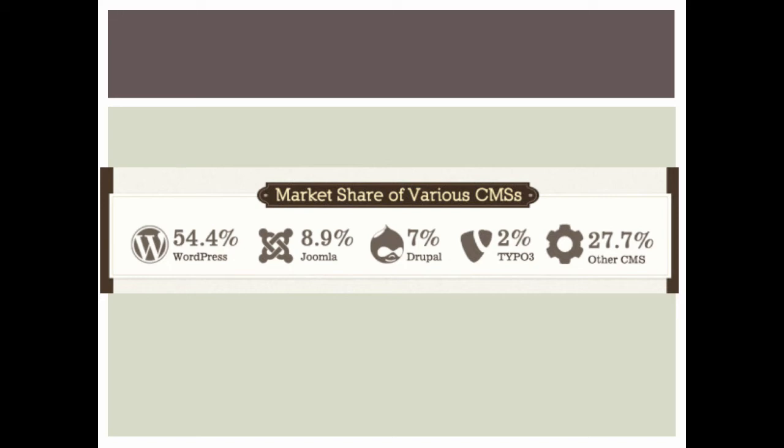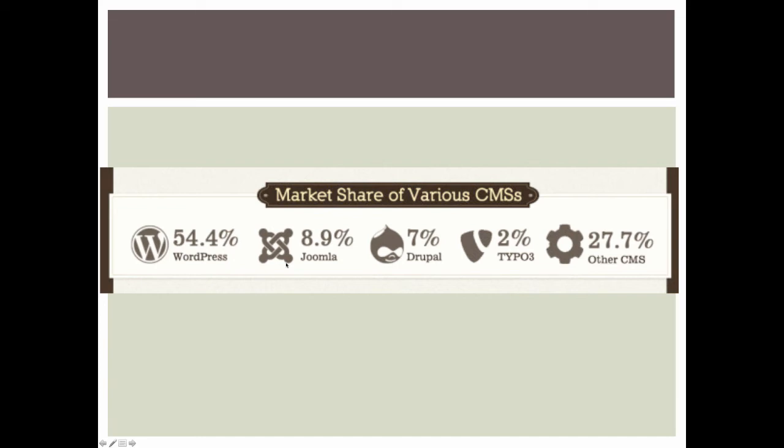Drupal is also extremely popular. It's actually one that our college uses for content management systems. So our whole college website and department websites are run through Drupal. Typo3, and then other content management systems. There's tons of them out there that you can use. But WordPress is the one that we tend to see.